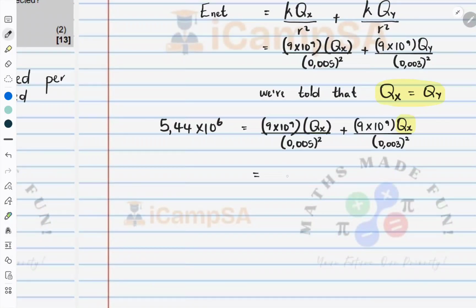So I get 1.36 times 10 to the power 15 qx. Let me put it in brackets for you. Then 5.44. From here we can simply divide both sides by this value 1.36.